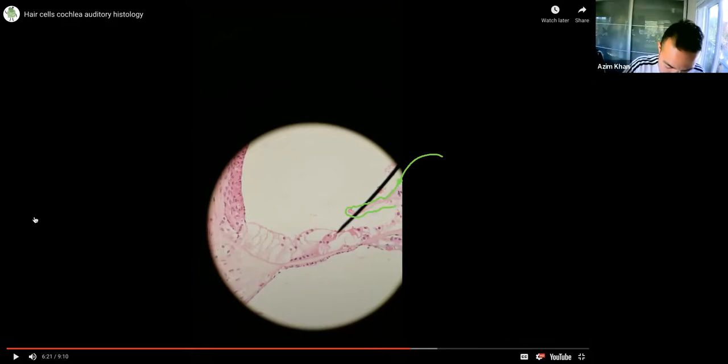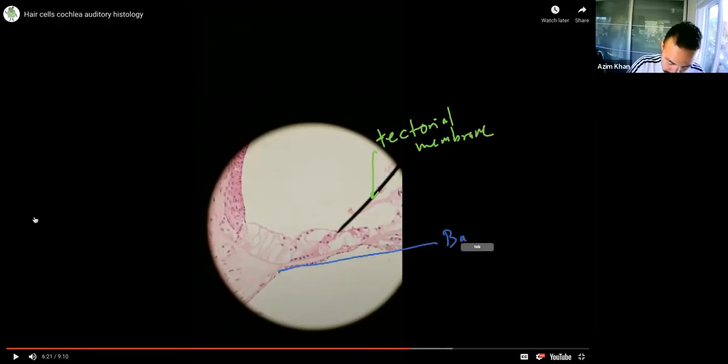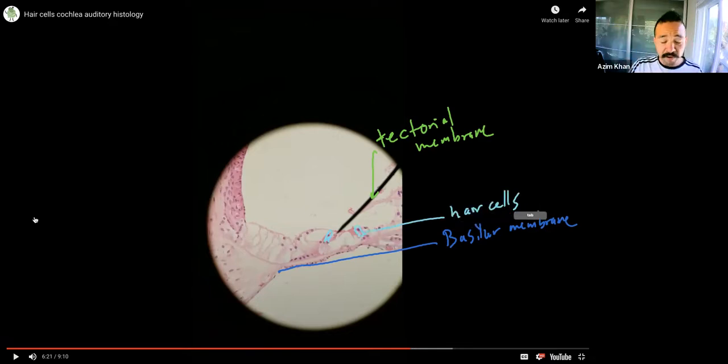But this thing is the tectorial membrane. Down here is the basilar membrane. And these cells, these are the hair cells. The stereocilia are really small, so you might just see a little bit of fuzziness. But those are the hair cells, and the tectorial membrane will be sitting on top of it.